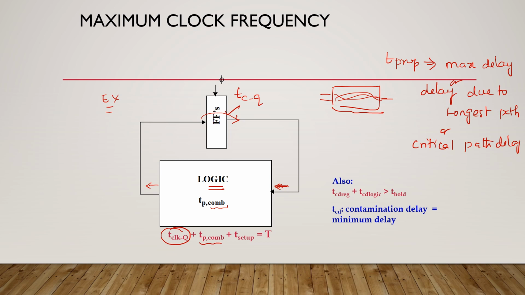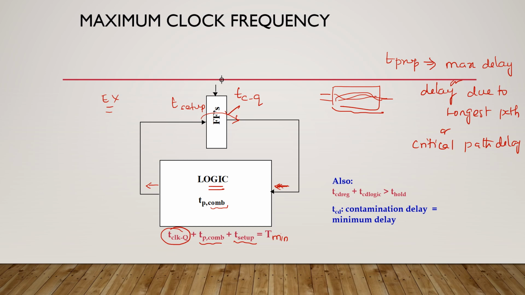Then this data again has to come to the register, and it has to be stable for the setup time. So the total minimum time required for correct operation is the sum of the delay due to the register, the propagation delay due to the combinational logic circuit, and the setup time required for the register. This is the minimum time required for this example circuit.